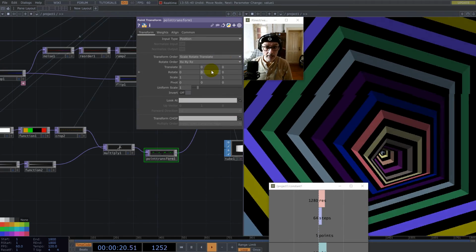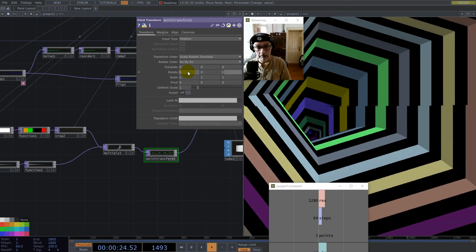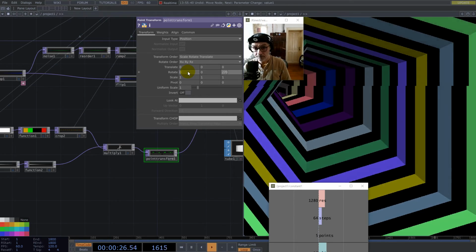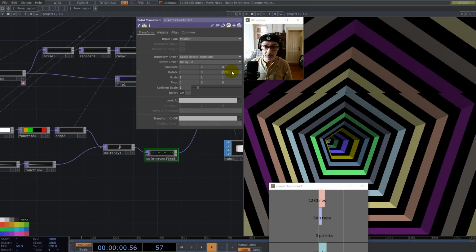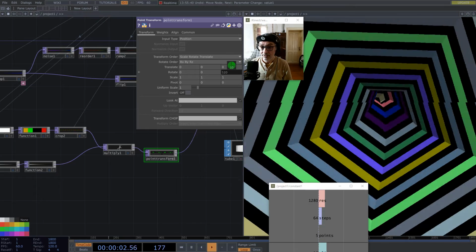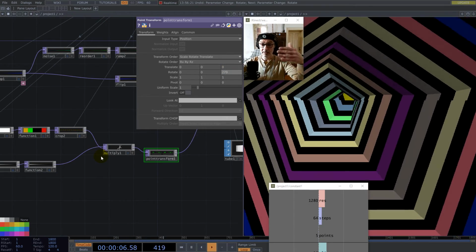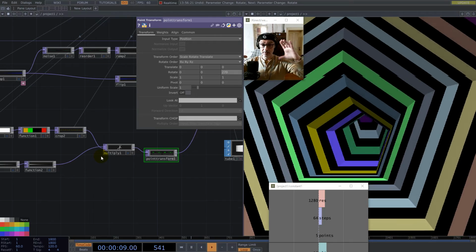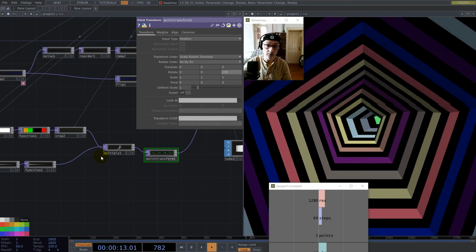Okay, now if I go with some rotation value here, 270, you see everything is getting rotated, right? Everything. Now I would like to have the bigger polygons steady, and so the rotation would take place further away.